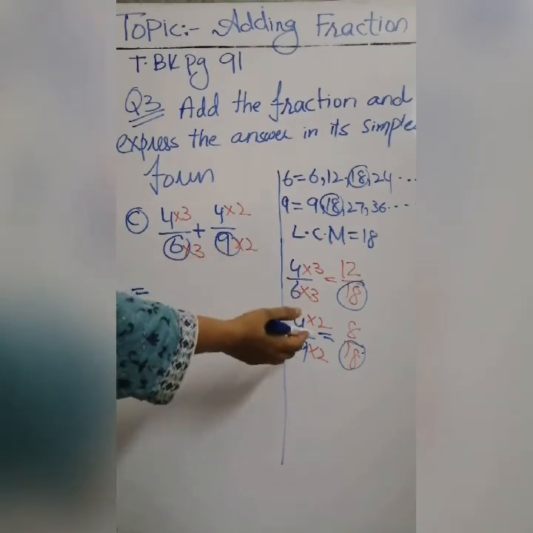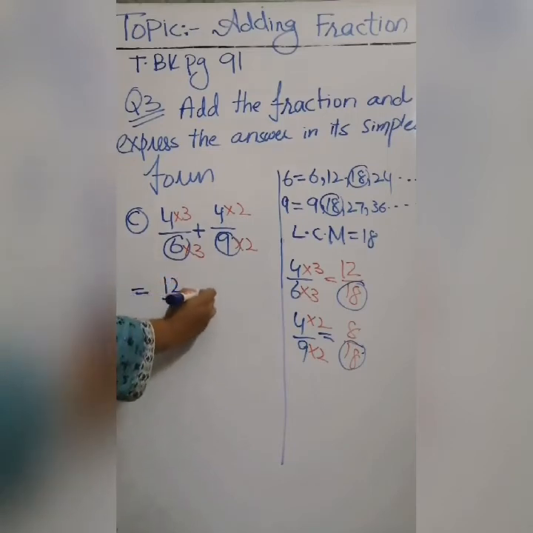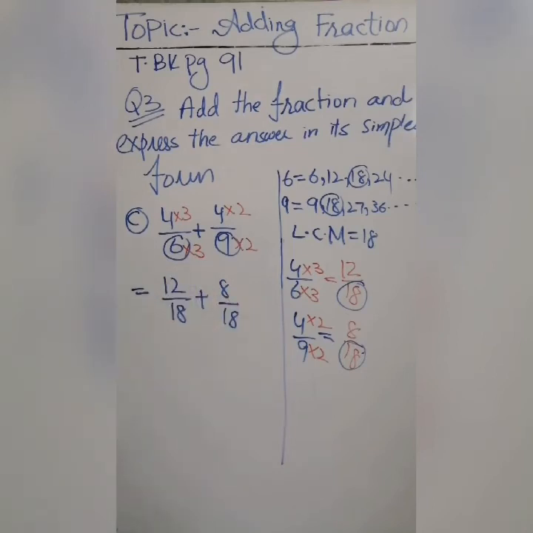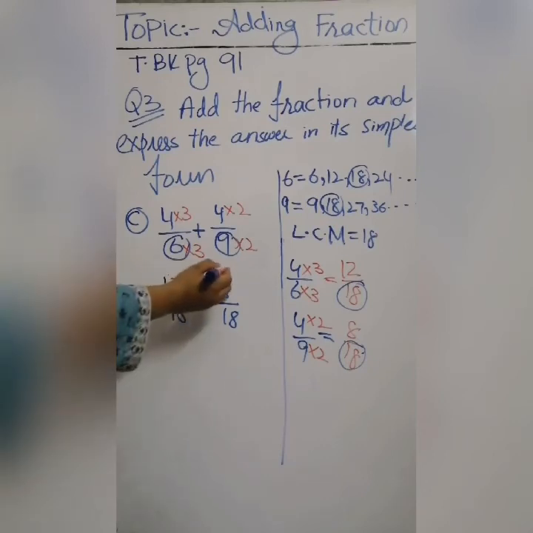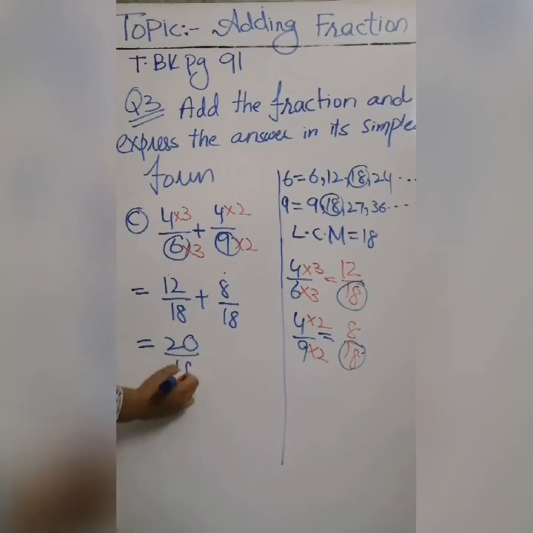Now we have both denominators the same. We write the equivalent fractions instead of the original fractions. 12 by 18 plus 8 by 18. Now we have the same denominators. We easily add their numerators. 12 plus 8, 20 by 18. This is not the end of the question.